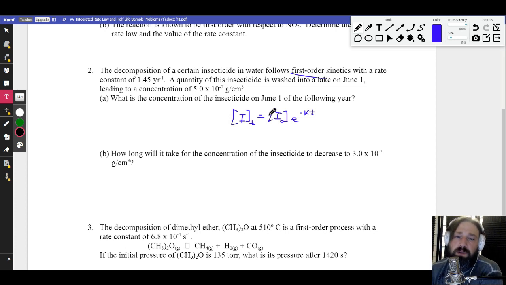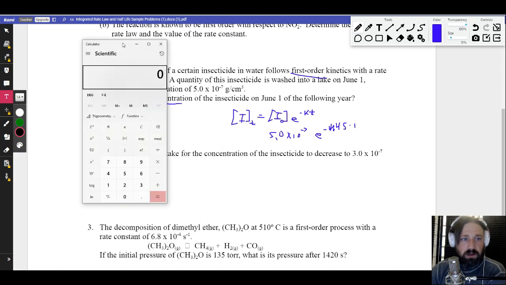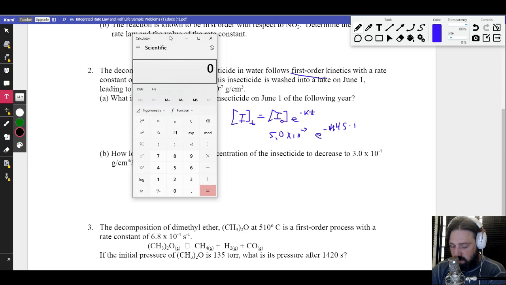Okay, so then what do we need to do? We're looking for the concentration at that time. We have 5.0 times 10 to the negative 7th, and then e to the negative k, which is 1.45 times 1.